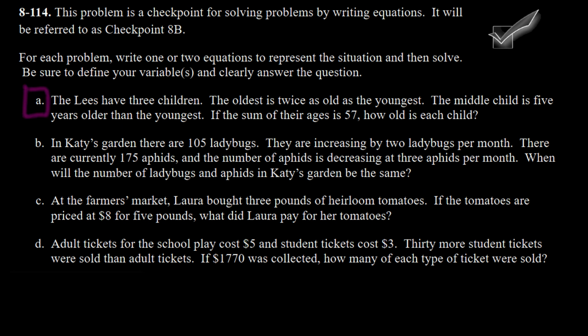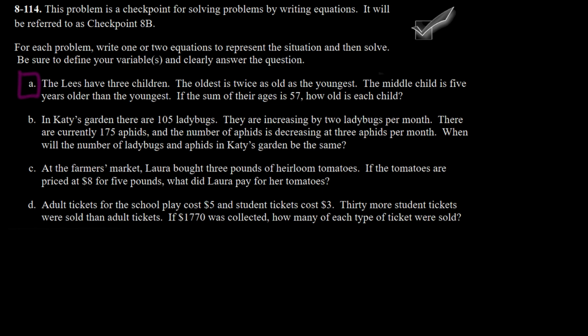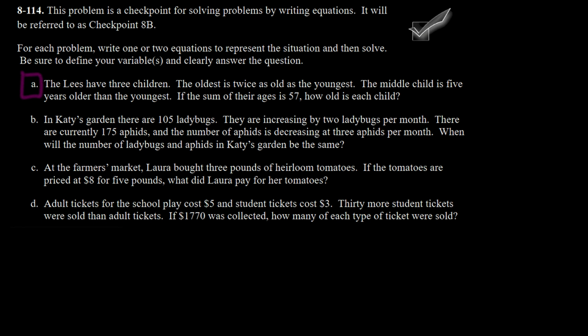So it says the Lees have 3 children. The oldest is twice as old as the youngest. Right off the bat, they are telling me I would use the youngest child's age to figure out the oldest, so I'm going to write my let statement in terms of the youngest.